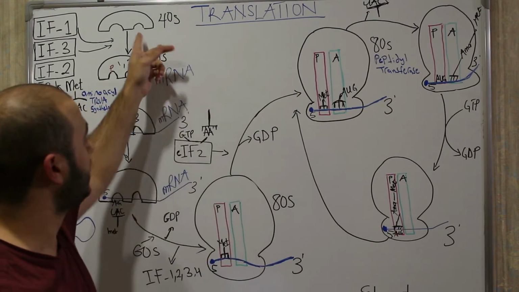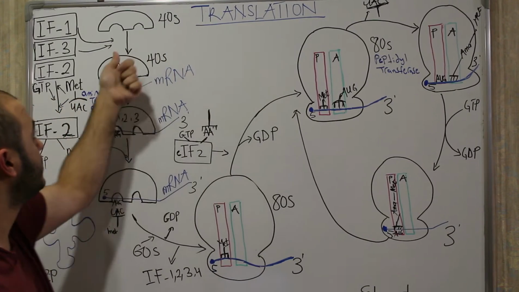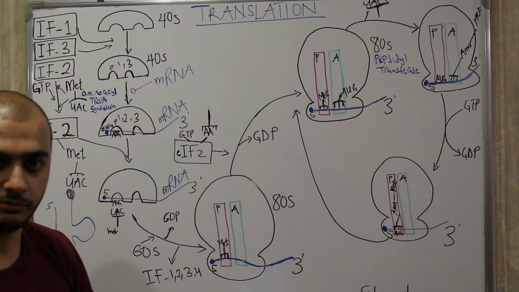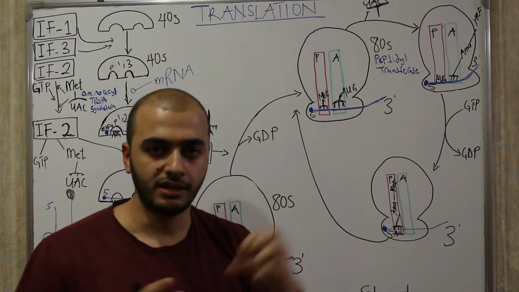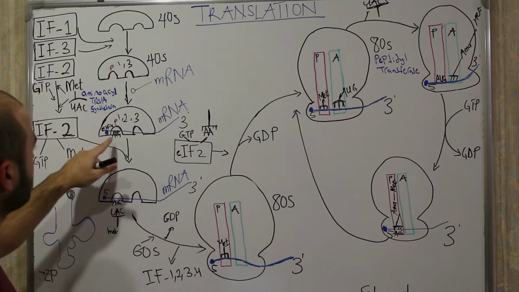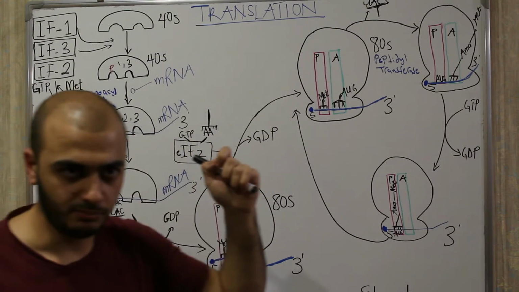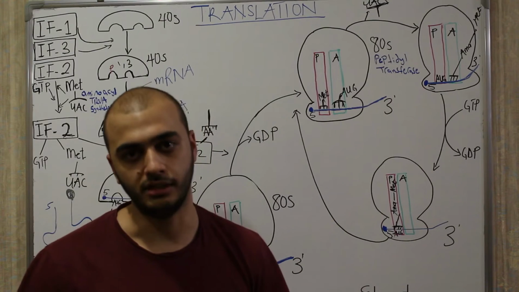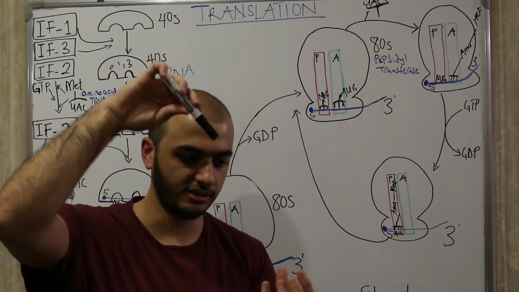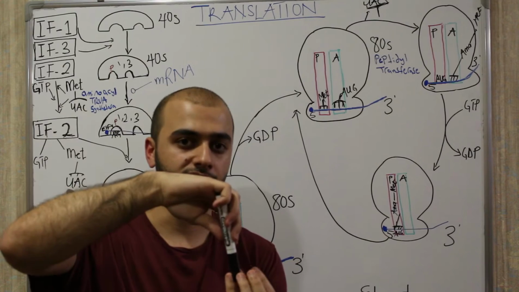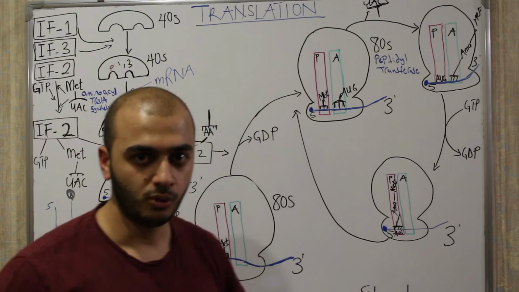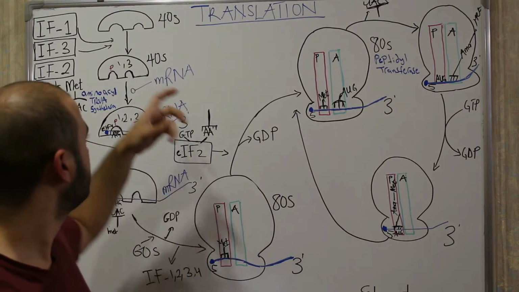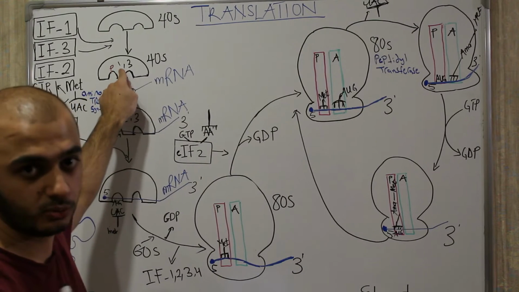They will associate it and keep their function by correct alignment of the first aminoacyl tRNA. So the first aminoacyl tRNA should be aligned in the correct place. Who will aid that? Initiation factors 1 and 3.